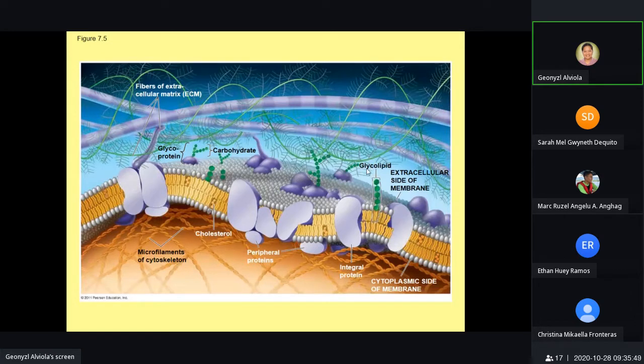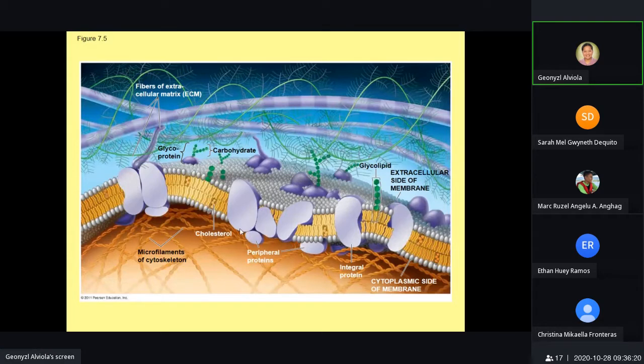So, we have another compound that attaches to the membrane. We have the glycolipid. Mura siya carbohydrate at the same time lipid. And we have the protein. And not all the time the proteins are transecting the bilayer. Some are only superficial. So the proteins that are passing through the two layers are called integral proteins.